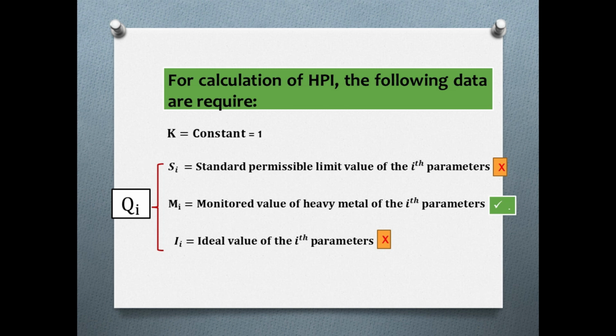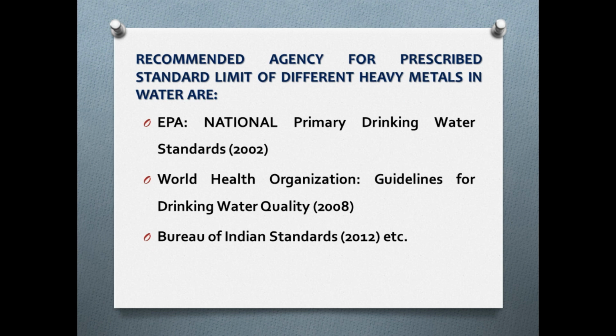The answer is, to obtain the Si and the Ii value of any heavy metals of interest, we have to refer to the prescribed standard limits developed by different international and national agencies such as the EPA, WHO, or the BIS. In India, we refer to the BIS acceptable limit and standard limit.